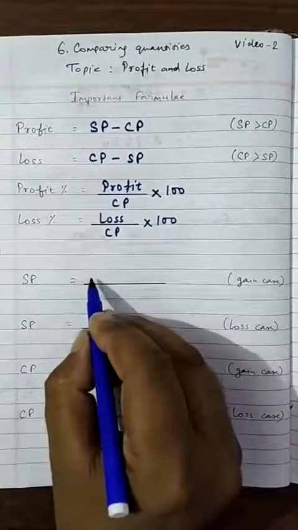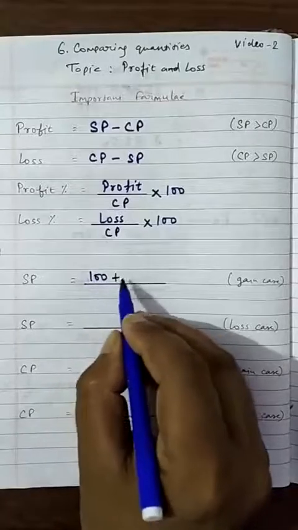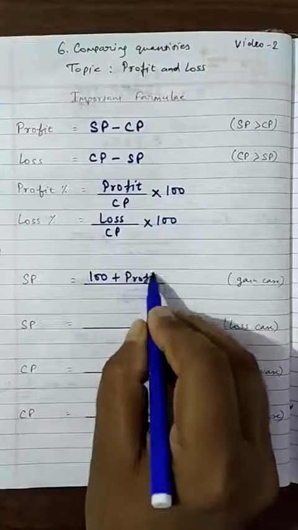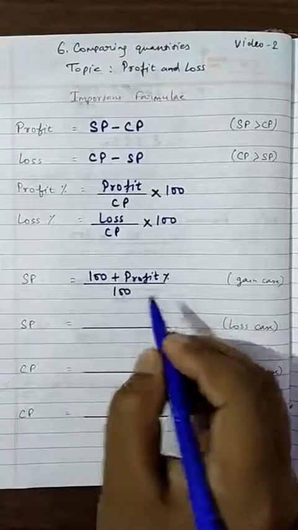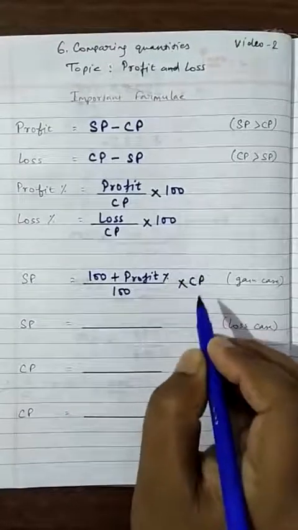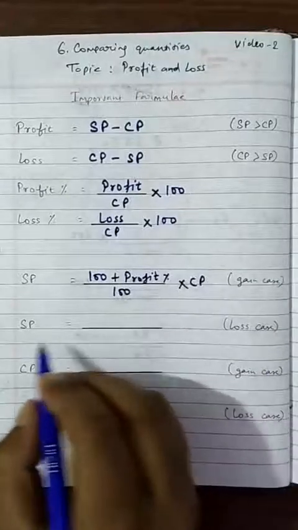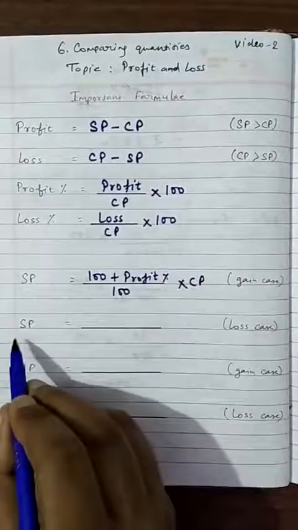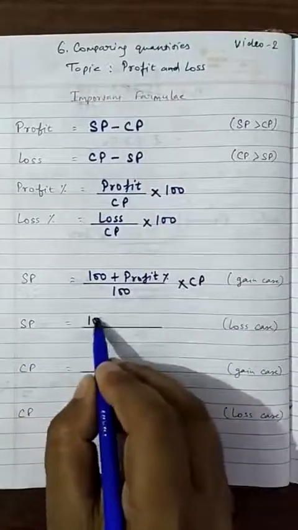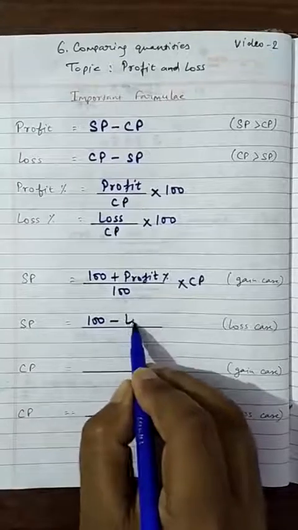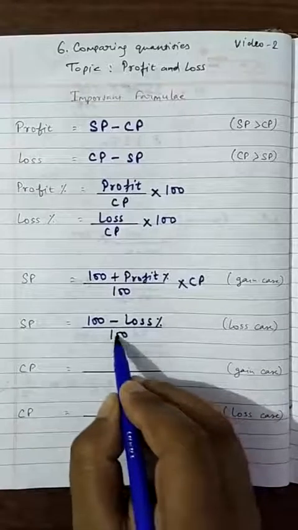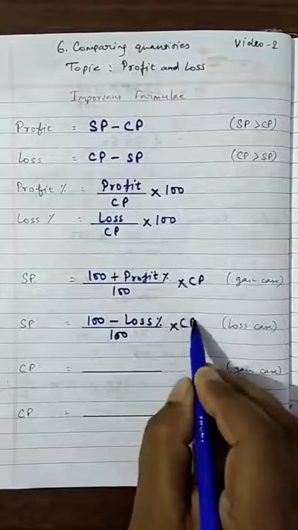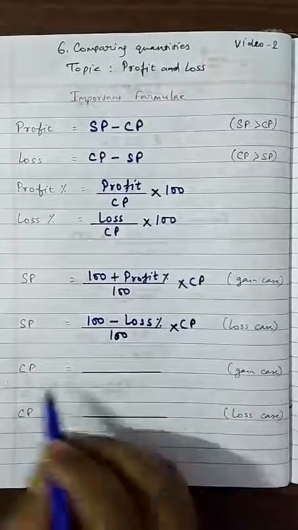The formula is 100 plus profit percent upon 100 into CP. Then in the loss case, formula of selling price is 100 minus loss percent upon 100 multiply by CP.